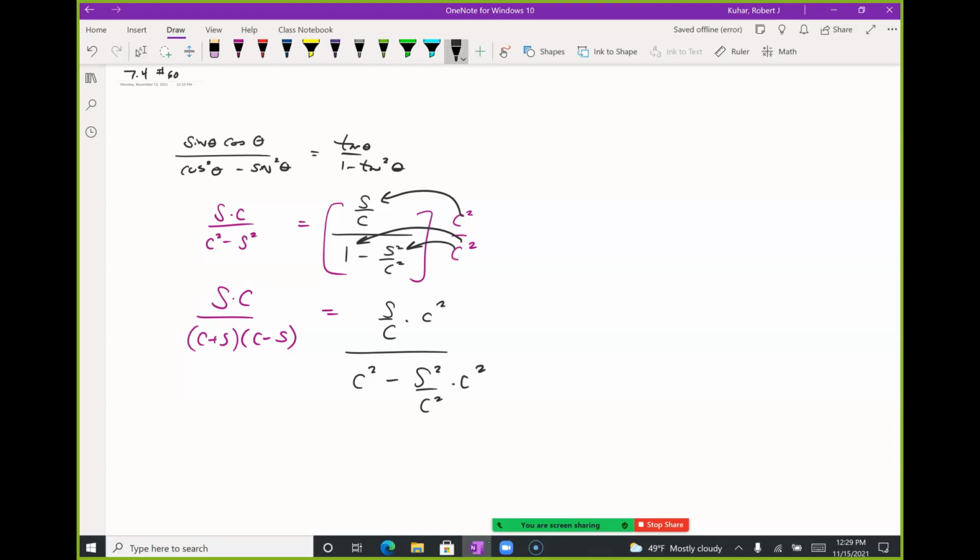Thank you. So things cancel, which is nice. One of my cosines cancel there, and both my cosines cancel here. So I get sine times cos over cos squared minus sine squared. Oh, I had that already. Done. Match.